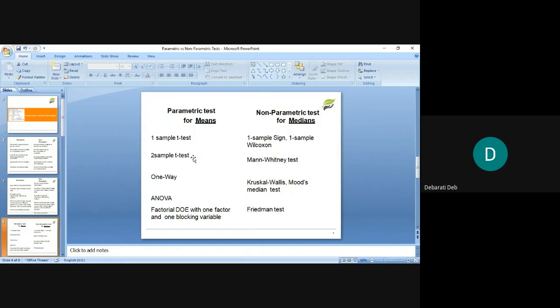Many other software are also there which you can use to apply this test for more reputed researchers. But for your research, which you will do for the sake of undergraduate degree, you can apply the test manually. No need to apply SPSS or any software packages. At the max, you can apply Excel.